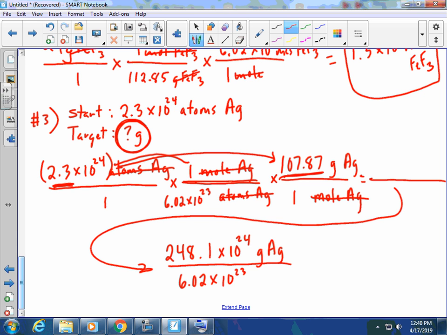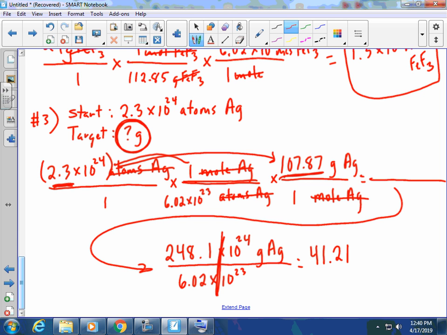So what's 248.1 divided by 6.02? 41.21? Yep. Just divide the front numbers normally.